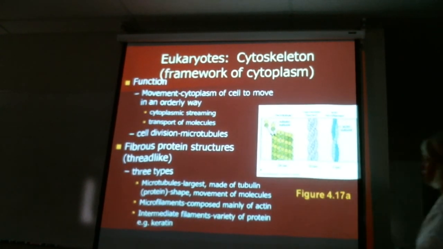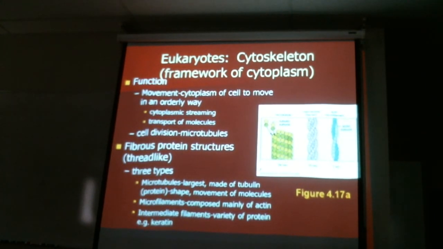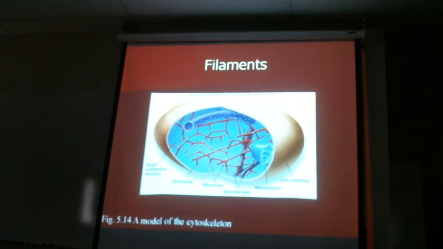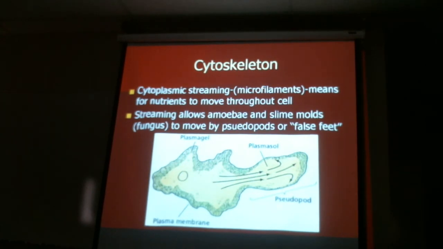I'm not going to ask you all the other stuff about them. I think you covered that in A&P pretty well. If you take a look at it, it looks a little bit like a highway, almost like a network there. Again, to reinforce, cytoplasmic streaming helps nutrients move throughout the cell and also allows some of these eukaryotic organisms to move.